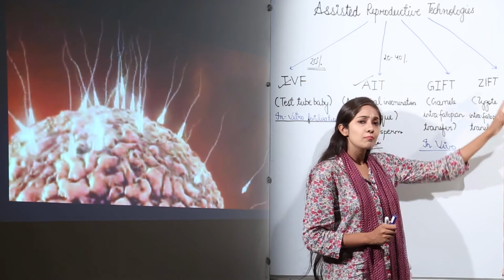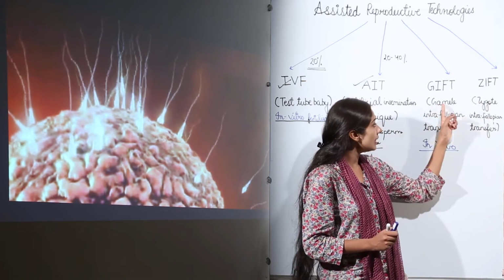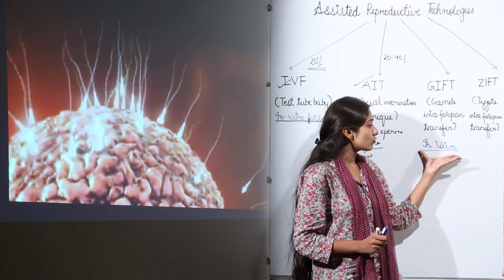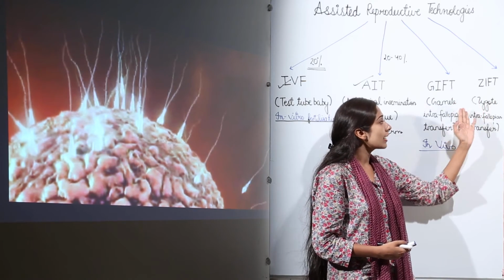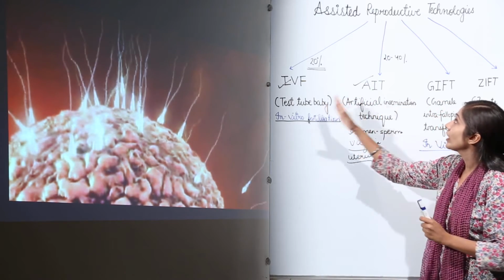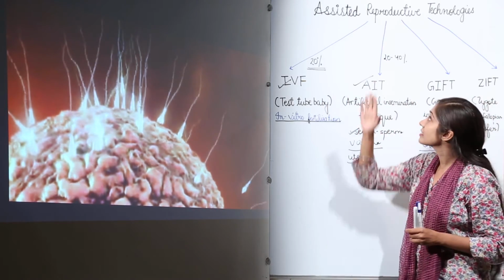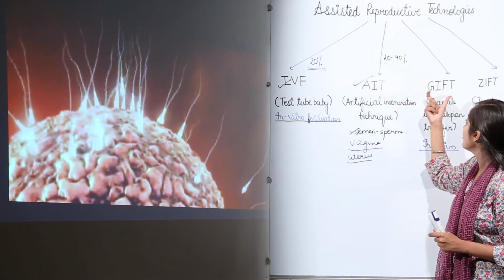So you can easily make out what these technologies are by the names itself, right? Gamete intrafallopian transfer is in vivo fertilization. And then we have ZIFT, that is zygote intrafallopian transfer. I hope these 4 assisted reproductive technologies are clear to you: IVF, AIT, GIFT and ZIFT.